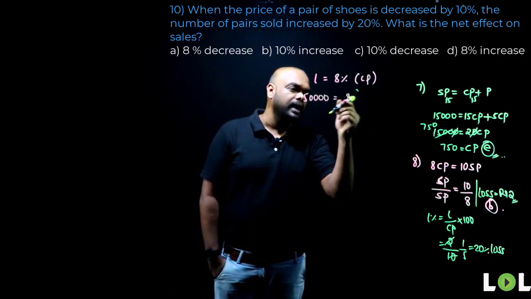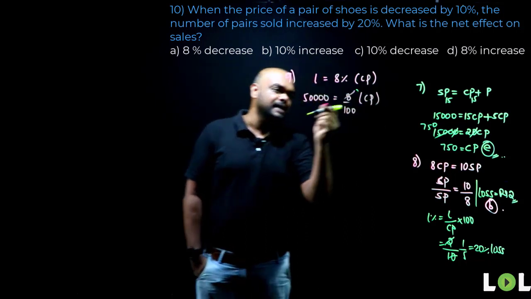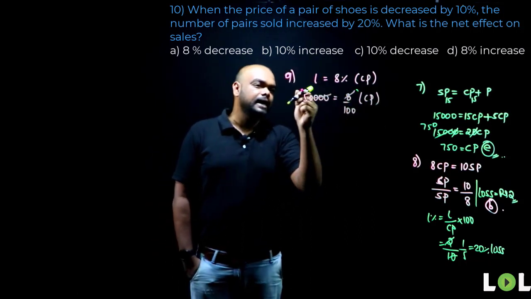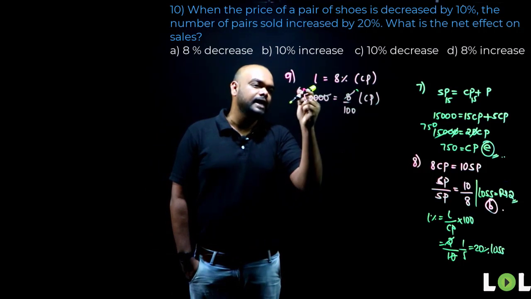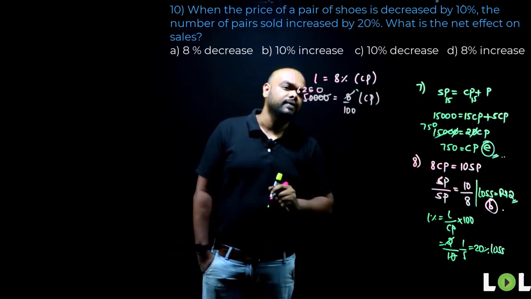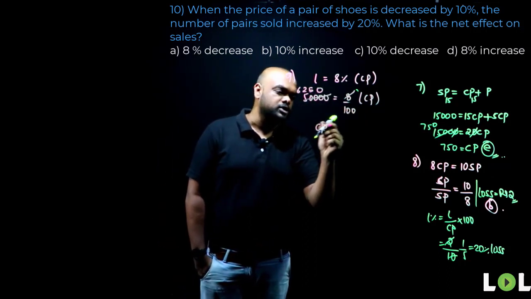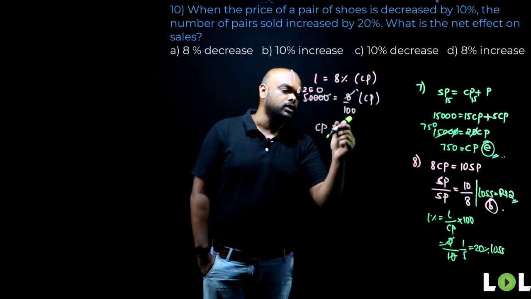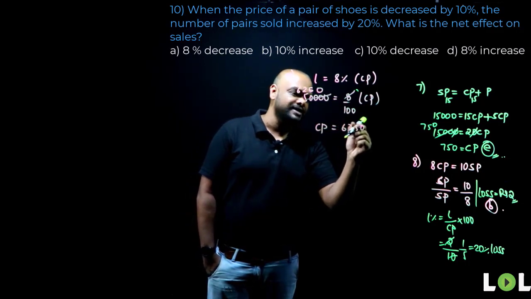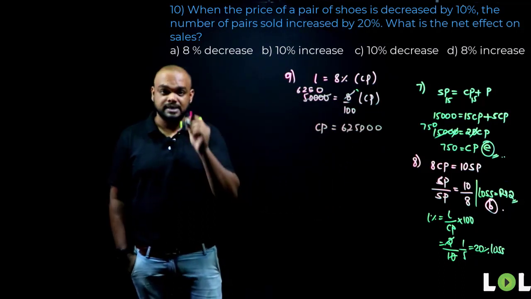That is equal to 8 by 100 of CP. Cancellation. 8 into 6, 48. 8 into 2, 16. 8 into 5, 40. I'll be having another 0. So what will be the cost price now? We'll get cost price as 6250 into 100, that is 6250, another 2 zeros. That is 6,25,000 rupees is the cost price.